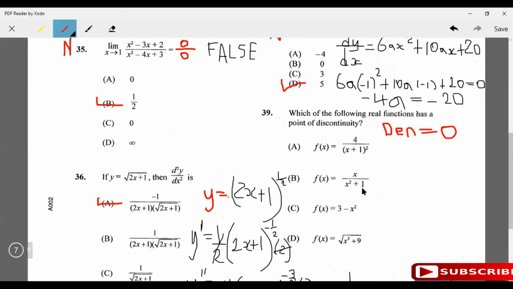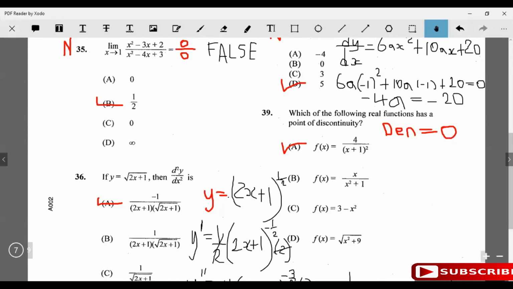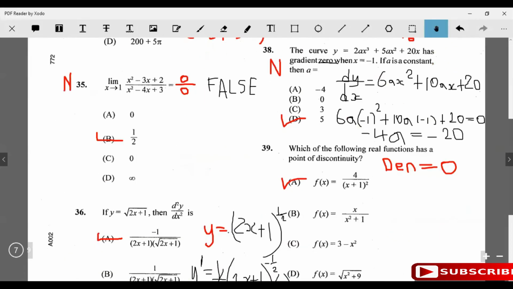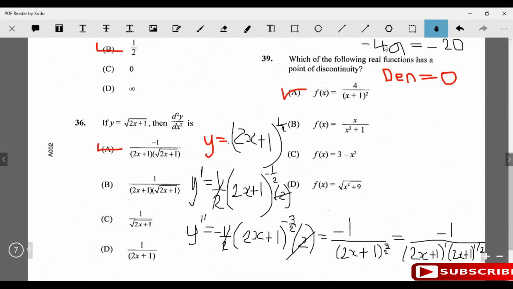This denominator is never equal to 0, because x squared is a positive number. These two clearly have a denominator of 1, which is not 0. So the only one that has a point of discontinuity is option A, and it is discontinuous when x is negative 1. That's question 39. Easy.